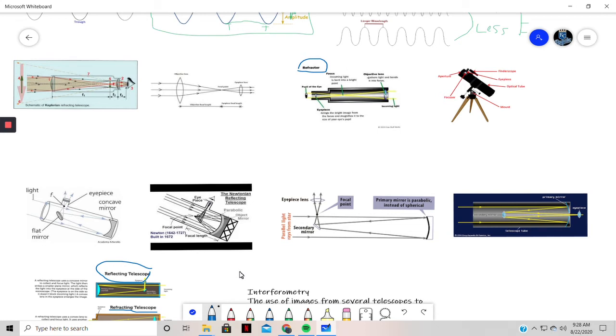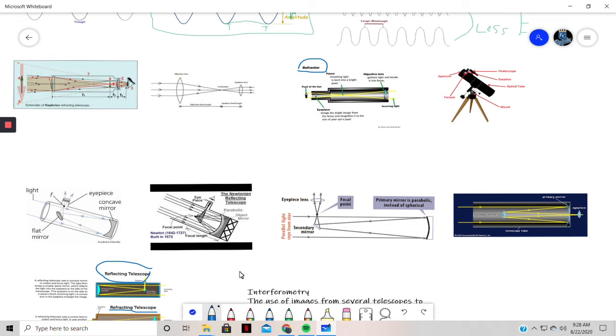They work the same way as far as bringing the image in. They work the same way as far as bringing the image to a crisp, clear image. The difference is the way it delivers it to your eye. And we will talk about that. Now, neither one is better than the other. Okay, they just do it in a different way.